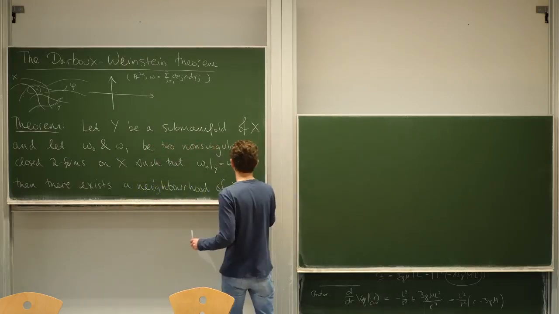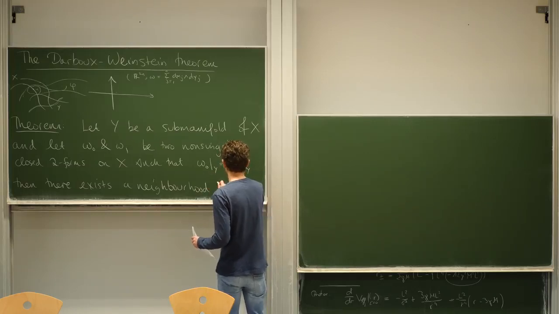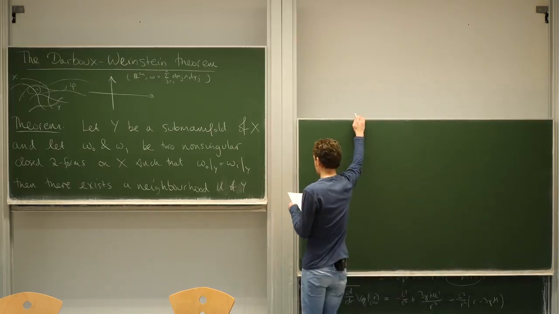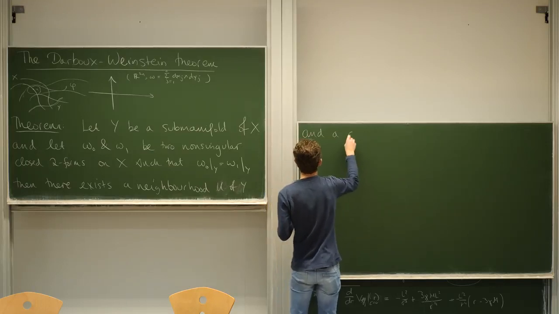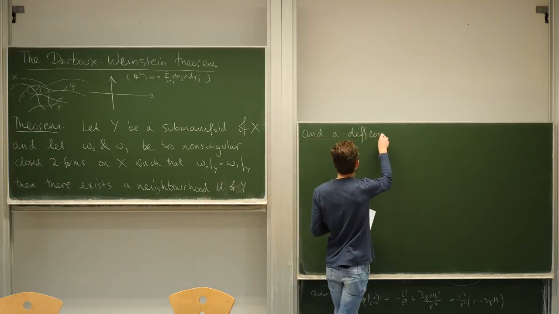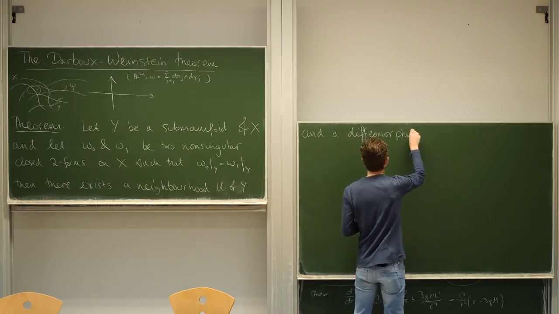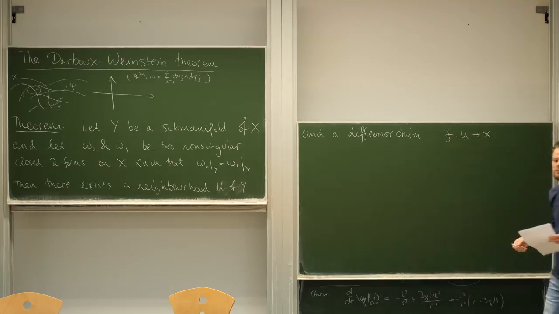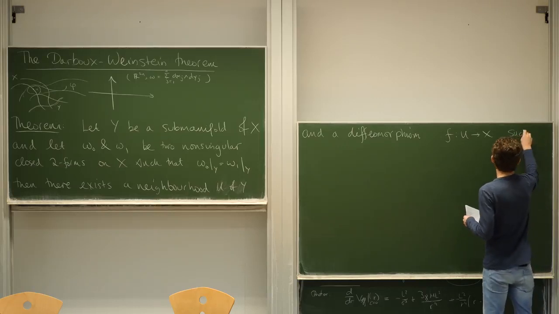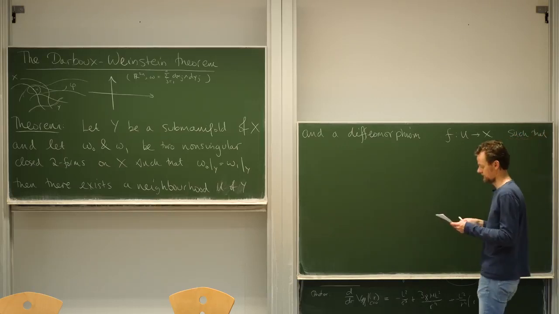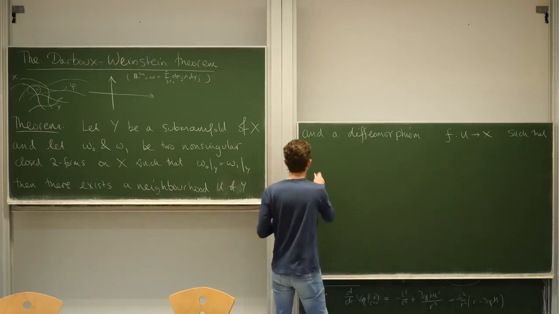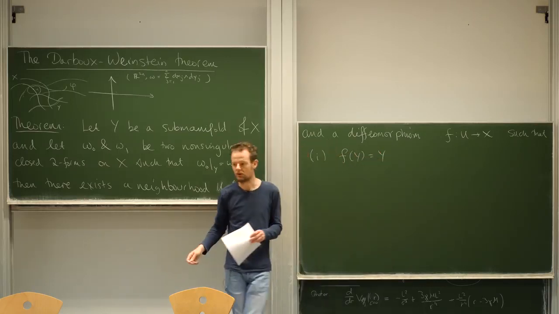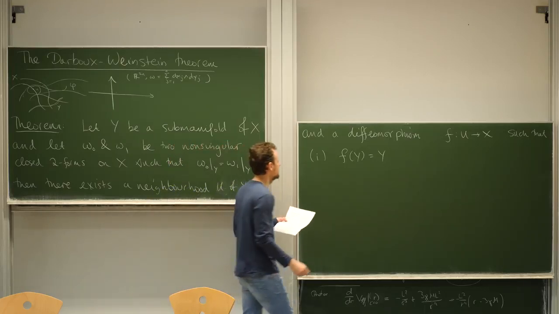Then there's a neighborhood U of Y inside X and a diffeomorphism, a smooth map with smooth inverse, going from U to X such that if you apply f to the submanifold Y, you get the submanifold Y, so it leaves Y invariant.